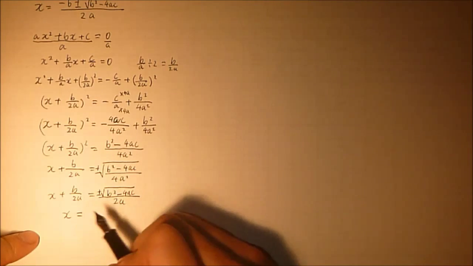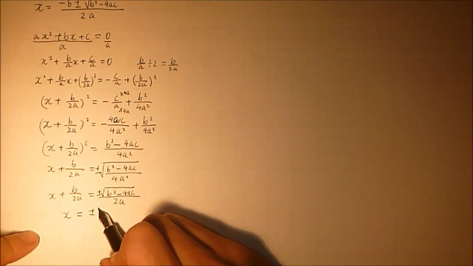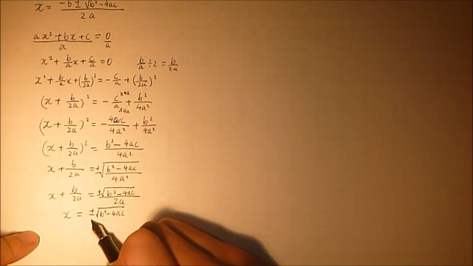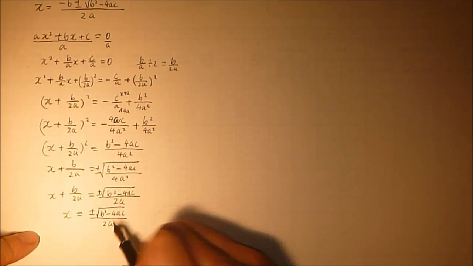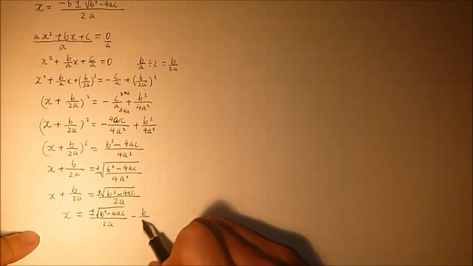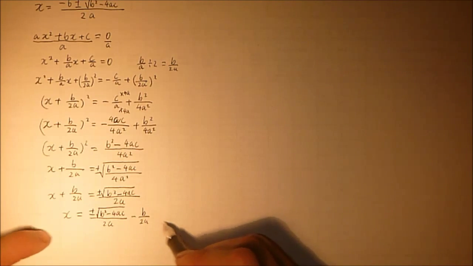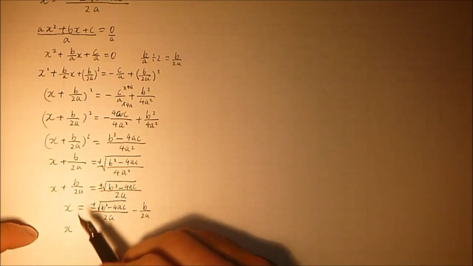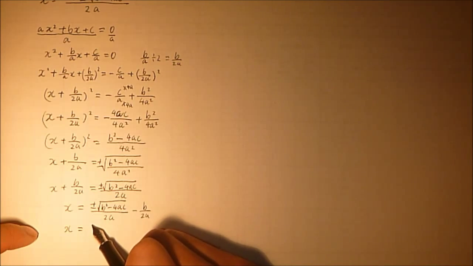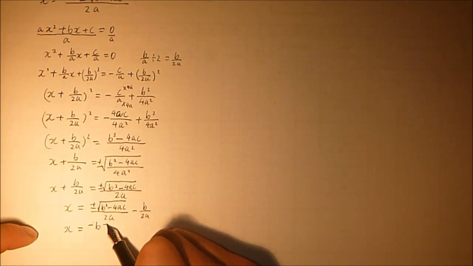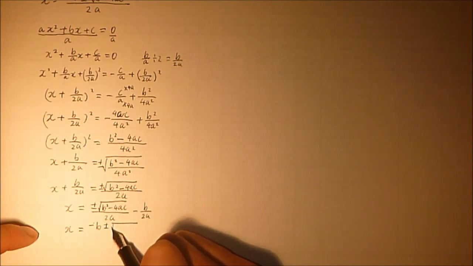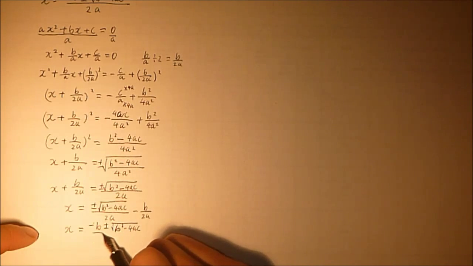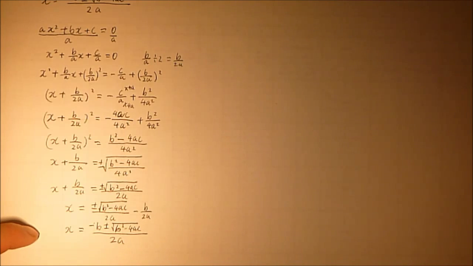So x equals positive or negative the square root of b squared minus 4ac over 2a, minus b over 2a. And we just have to shuffle it around a bit, and we end up with negative b plus or minus the square root of b squared minus 4ac, over 2a.